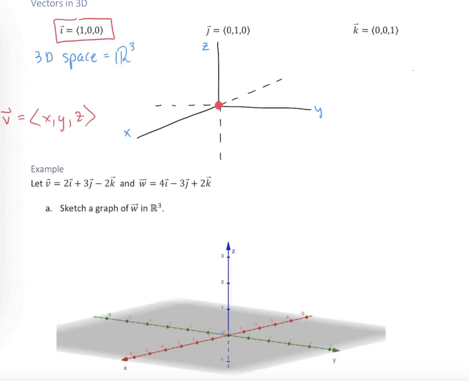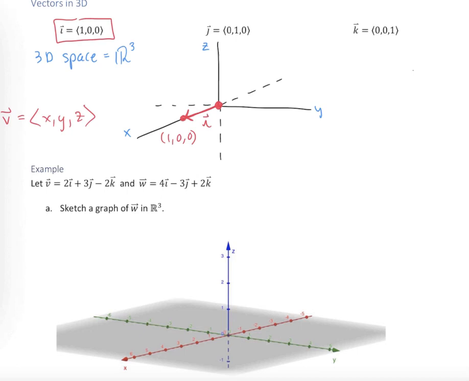So for the i vector, we're going to go 1 unit in the direction of x, 0 units in the direction of y, and 0 units in the direction of z. That's going to land at the ordered triple (1, 0, 0). Again, soft brackets when we're talking about an ordered triple or a point, and pointy brackets represent the vector itself. So this is the i vector with the vector hat on top of it.